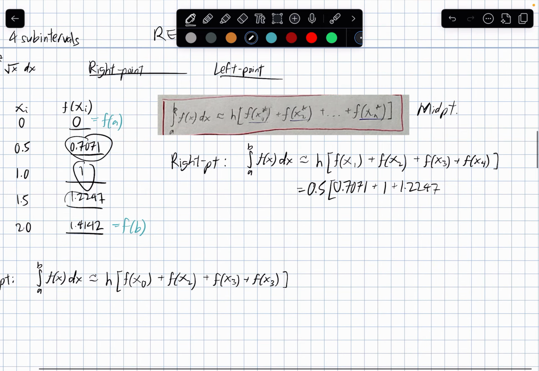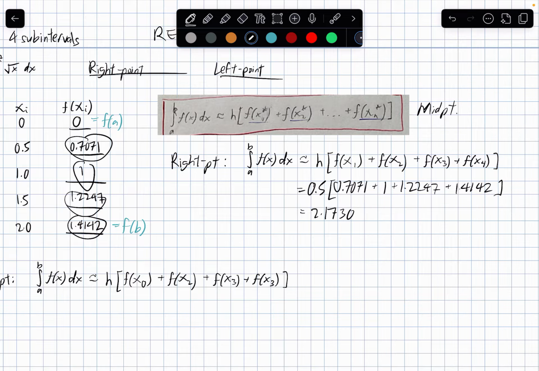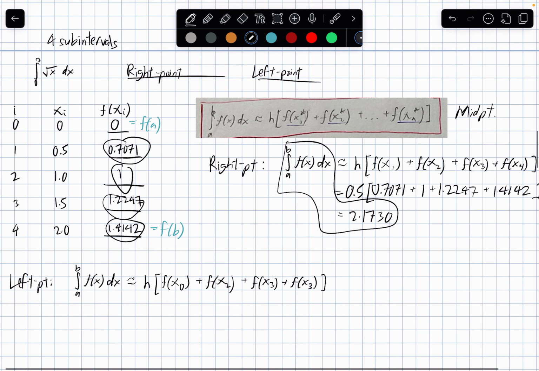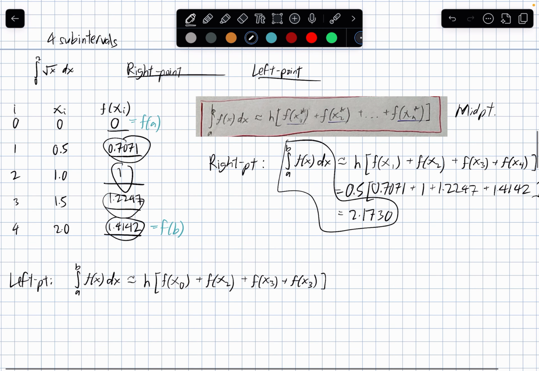And then 1.4142. So what we get is 2.1730. So yan ang sagot kapag right point rectangular method ang ginamit natin, no?